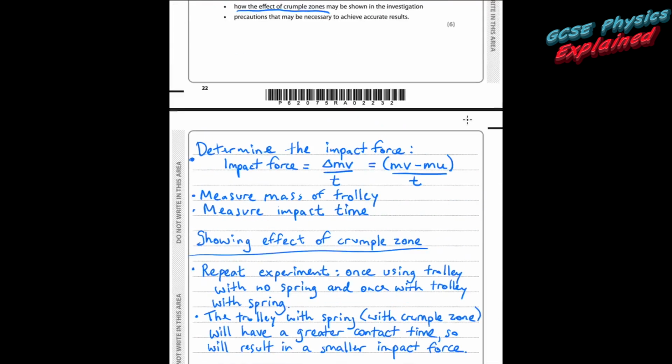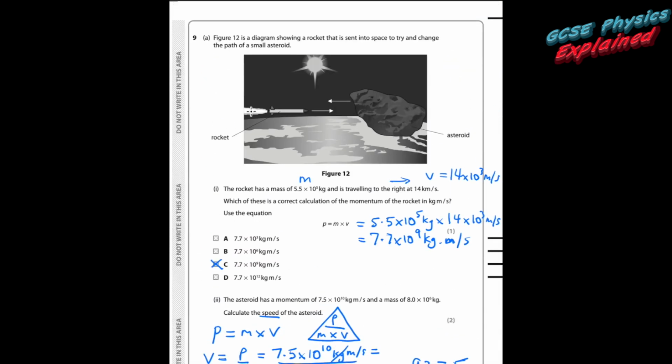However, the directions are different. Now, momentum is a vector quantity, and a vector has both size and direction. So we need to say that going to the right is positive, which means going to the left will be negative.